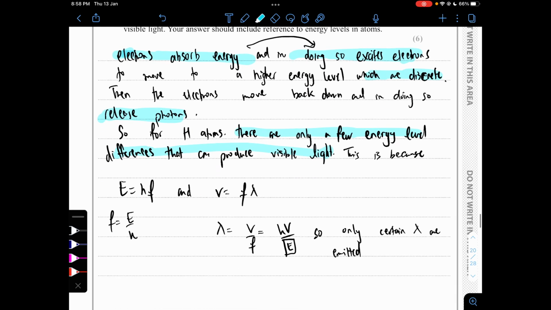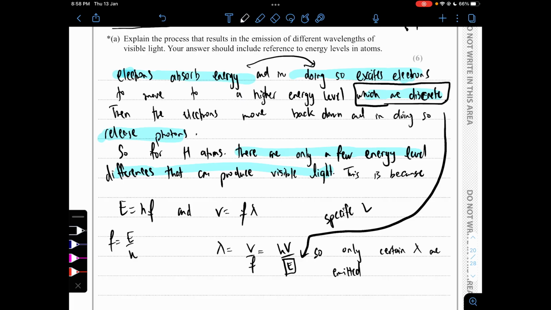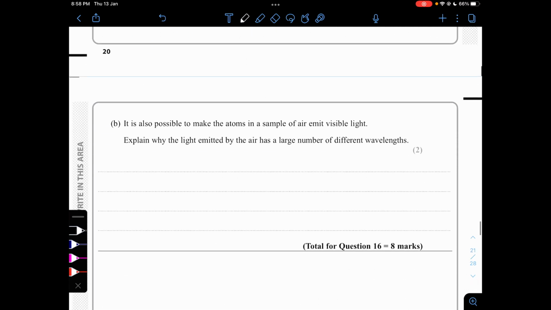This is because, again, they're discrete energy levels. Because of them, we have only specific E values or energy levels that can only give us certain lambda wavelengths that are emitted. Okay, so let's move on to the next question.